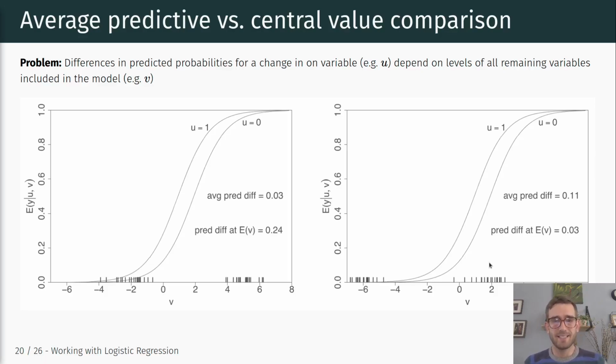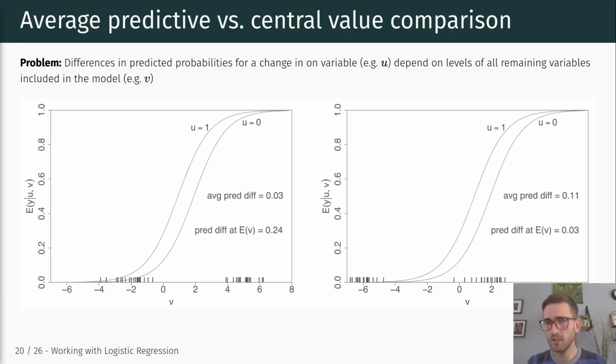So that being said, in many applied examples, the difference between this average predictive difference across all observations and the predictive difference at the expectation is not extremely large, right? But it's nevertheless something to keep in mind and to think about when you're making comparisons and when you're trying to evaluate your substantive effects, okay?